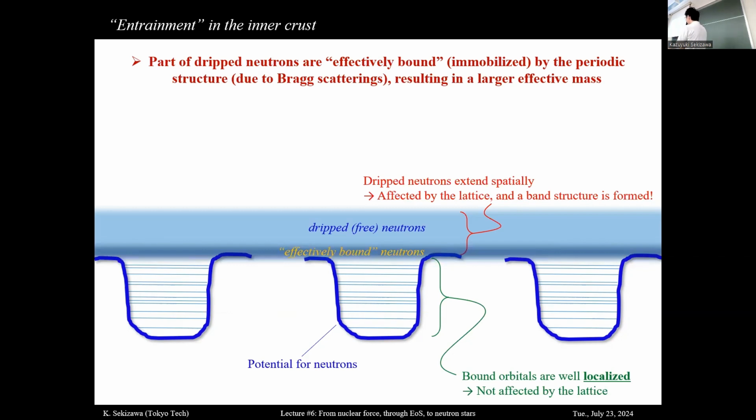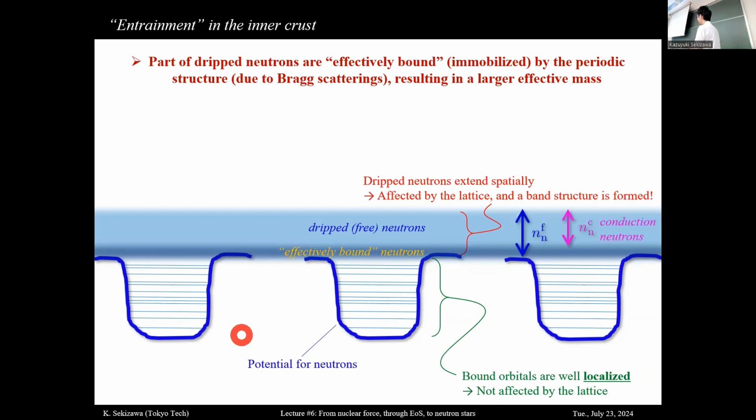So now, because of the band structure effect, there are some neutrons which are effectively immobilized, or effectively bound to this cluster structure. Okay. So those are entrainment effects. So those neutrons are entrained by the periodic potential.